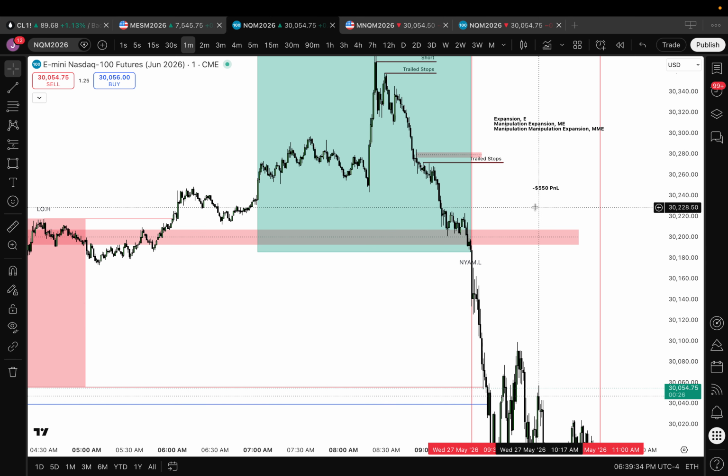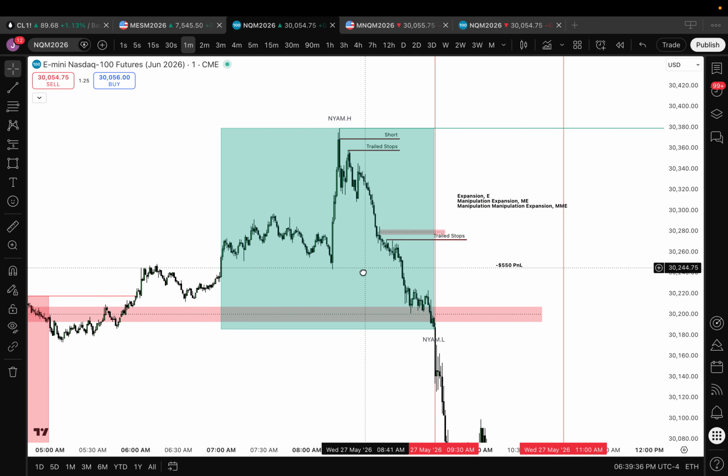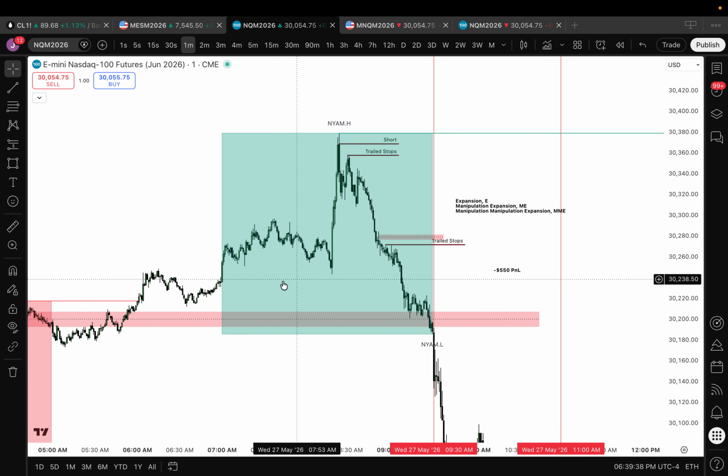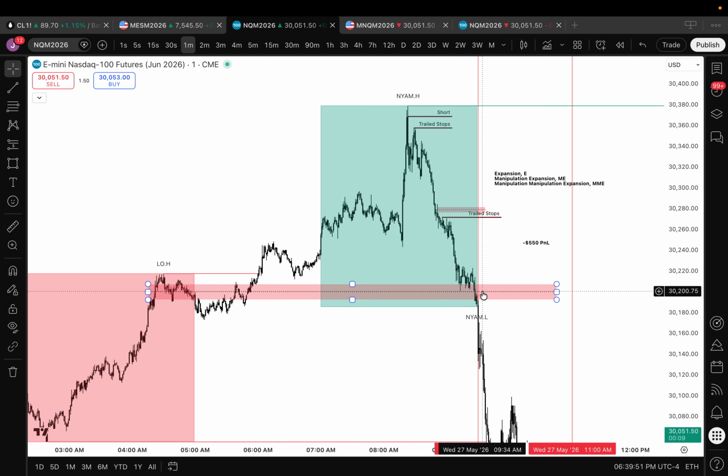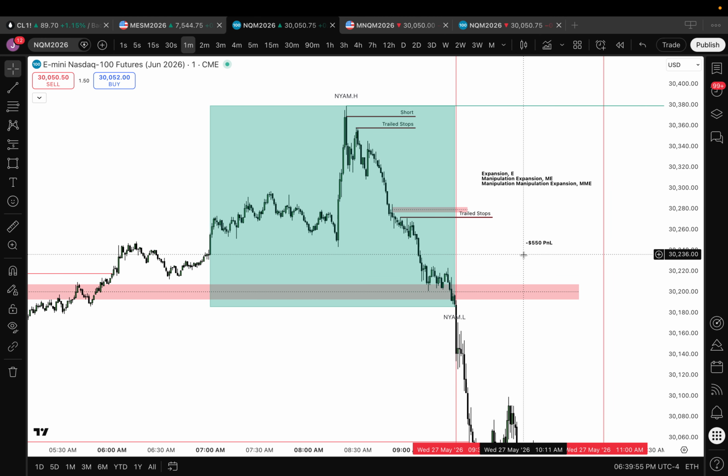Also, this model doesn't do as well on FOMC days because it needs there to be discrepancies within New York AM where there are obvious trailed stops. Today would have been a pretty good day were it not expansion only. It would have been likely that I would have gotten longs up to here, and that would have been nice.